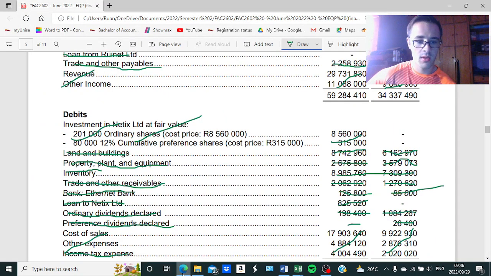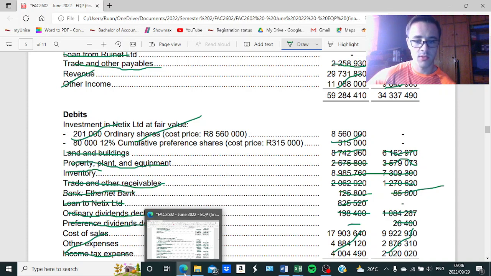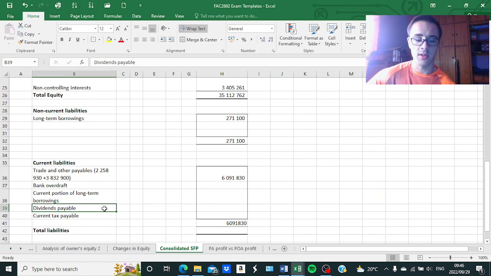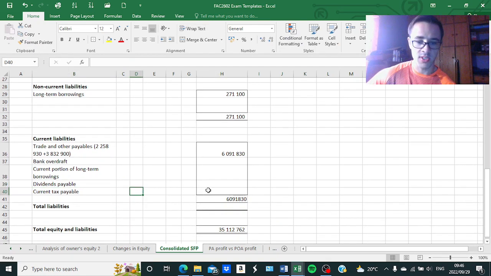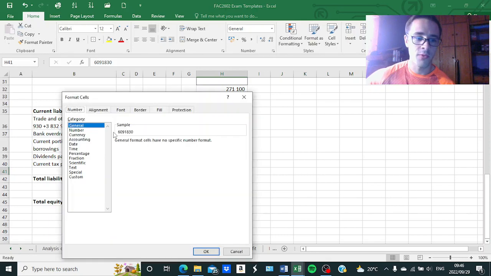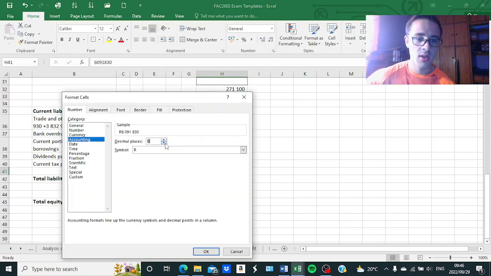Okay. All right. We just subtracted these balances from retained earnings in our consolidated statement of change in equity. That's fine. Let me just format this correctly. We will format it accounting, 0 decimal places. We do not want a currency.